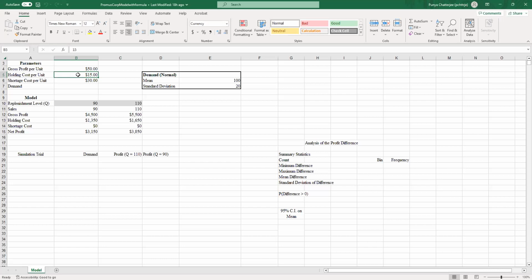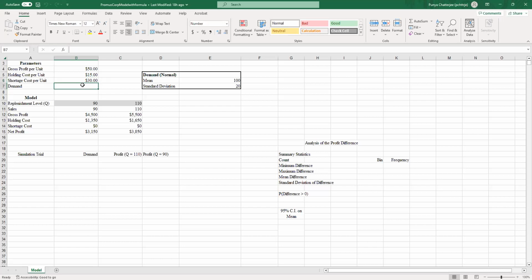And then they also have the shortage cost per unit, which is $30 per unit, which is basically if their demand is higher than what they are stocking, that means that they are leaving some customers empty-handed, and that is their shortage cost, right? Those customers might not come back to them again, and that's kind of determining the shortage cost for them. So if they lose one demand or one customer, then the shortage cost that they will incur is $30.